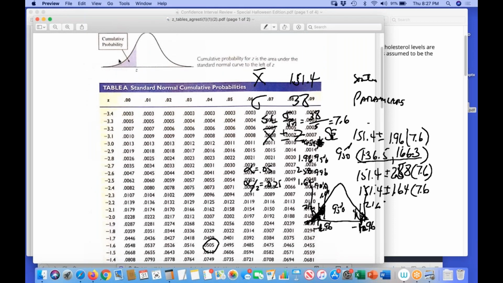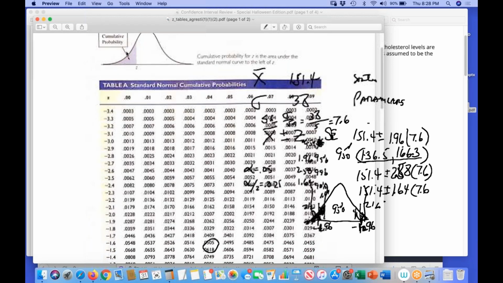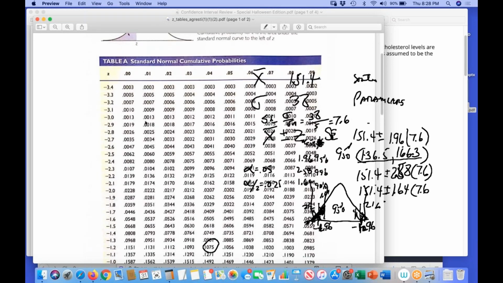And what about for 99%? 99%, this area would have to be 0.5%, 0.005, right? And then you have the tail at the other end, the other 0.005. So the area between them is 99%, right? So we're looking for where is it? 0.005, 0.001, 0.0, okay.